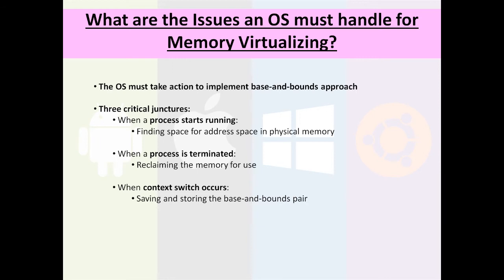And the third is when a context switch occurs, right? I talked about this already actually, but it's the saving and storing of those base and bounds pairs. When a process is loaded into the CPU, the base and bounds pairs must be loaded into their respective registers. And when it's switched out, those base and bounds pairs need to be saved again.